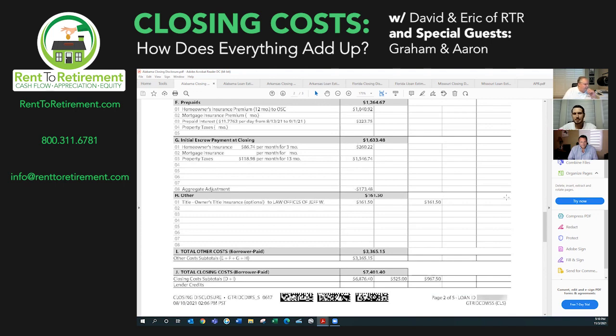The rhyme and reason behind that is when the insurance policy renews next year, if there's any type of increase, which we all know typically there is with insurance, even slightly, they're just trying to avoid an escrow shortage there. So when we go pay the annual premium when it's due in a year, or the loan servicer, if the loan's sold, what they're trying to avoid is calling up the borrower and saying, oh, hey, you need to cut us a check for $1,000 so we can pay the rest of your policy. So we're just trying to avoid any surprises there.